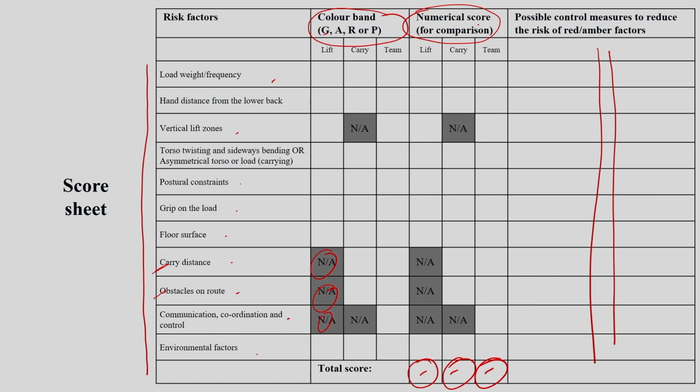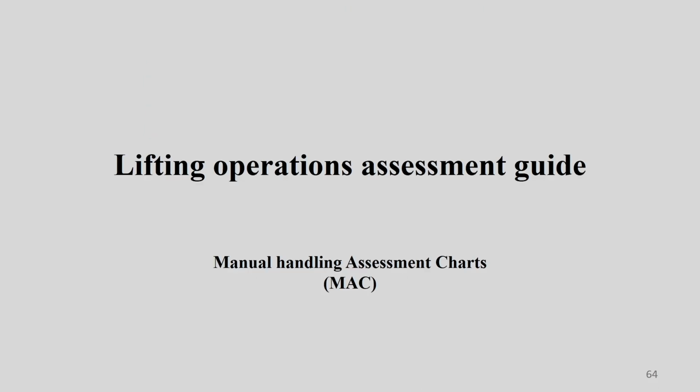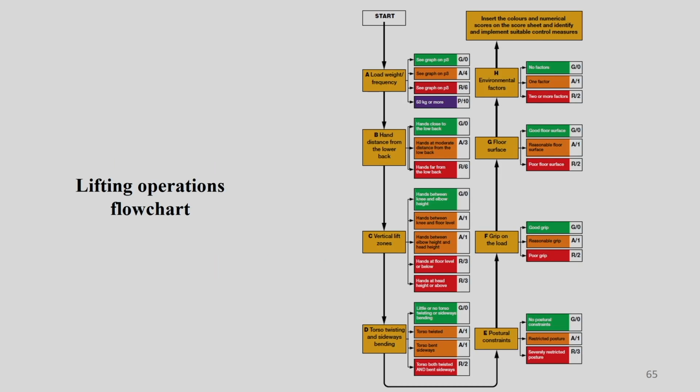Okay, now let's go ahead with each activity separately: lifting, carrying and teamwork. Let us start with the lifting operation. This is the only chart that we are going to go through, and this is the flow chart, the flow process of the whole activity. If it is lifting, we are going to have this information.